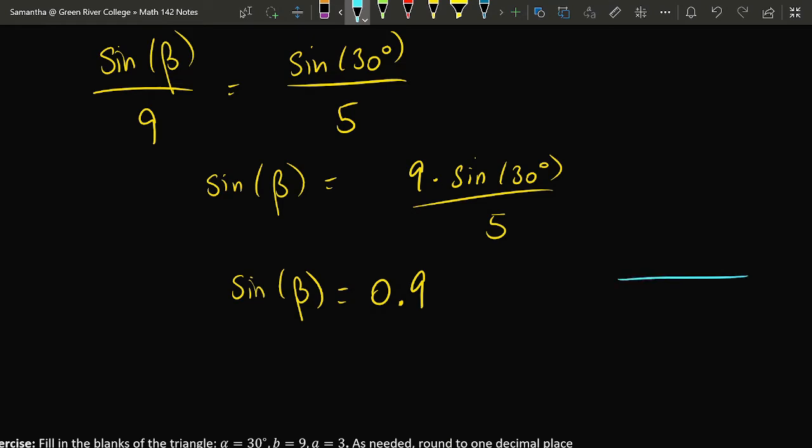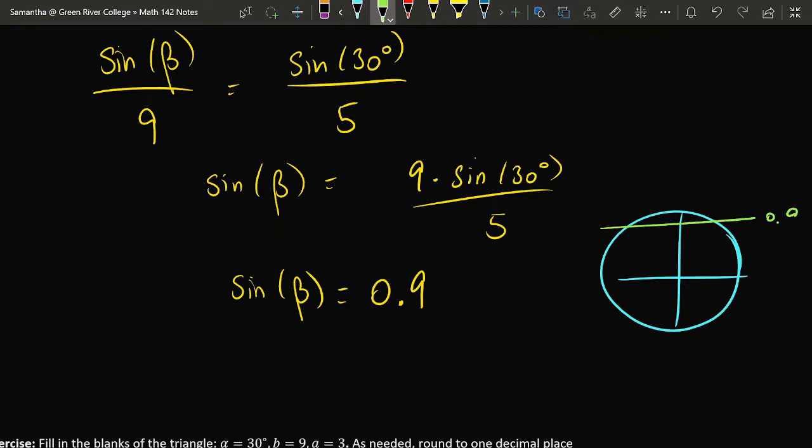So considering the unit circle for a minute, good old unit circle, we're considering angles at which sine outputs a value of 0.9. It looks like there are two such angles. One of the angles is less than 90 degrees, and this is the value that would be produced by arcsine. Arcsine of 0.9 is approximately 64.16 degrees.